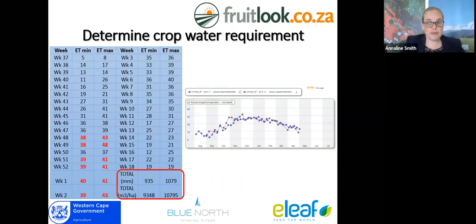If you do it for a couple of seasons, then you can calculate an average water requirement for that specific block, and so either cultivar and rootstock combination.